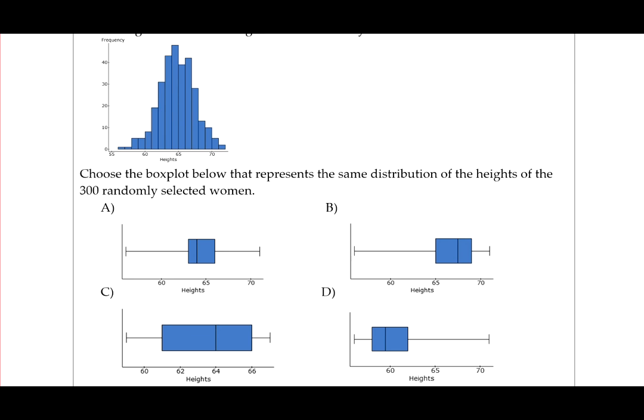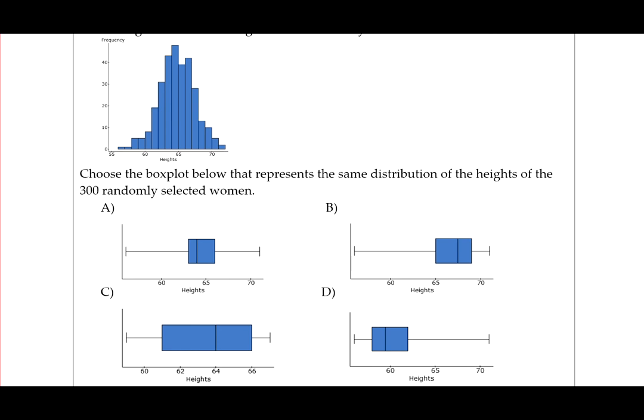How will we tell the difference between A and C? Both are pretty symmetric, not perfectly symmetric, but our histogram is also not perfectly symmetric. We can look at the horizontal axis. You can see that the histogram starts a little bit more than 55 and ends a little more than 70.